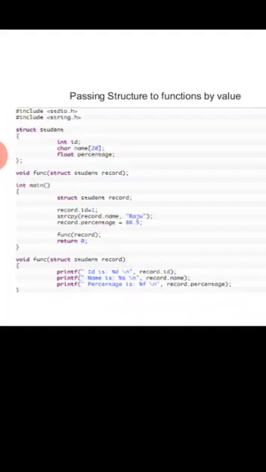Why is it necessary to understand this concept? Whenever we write a very big program in C, or need to combine many small programs into a big program, we definitely require this concept.